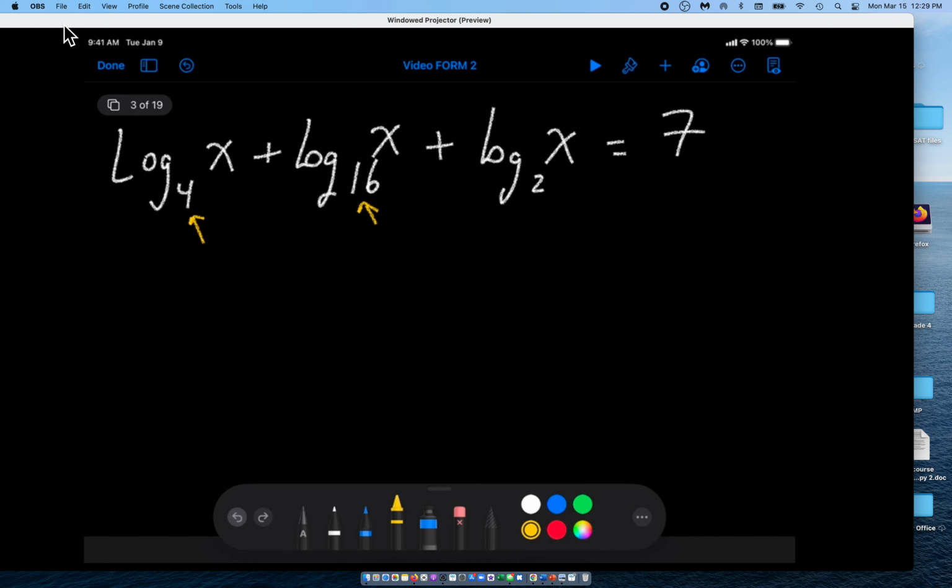All right, so what might we do here? Well, we are going to use the change of base formula. So we're going to take each of these and use the change of base formula. We're not going to pick our base yet.